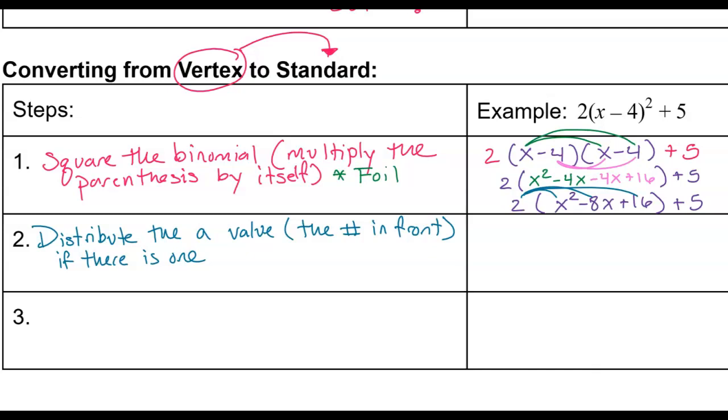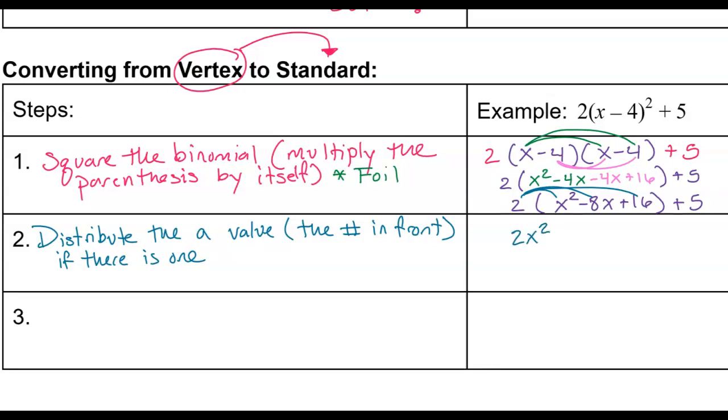And what do we get? What is our first term now, Oscar? When we distribute the 2 into the x squared, what does it become? Yes, 2x squared.